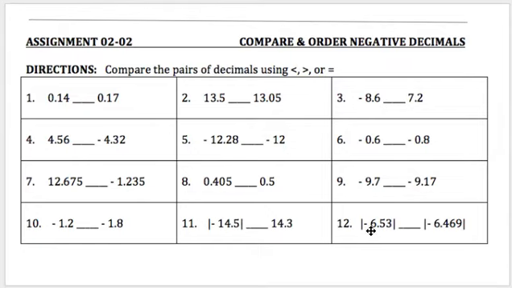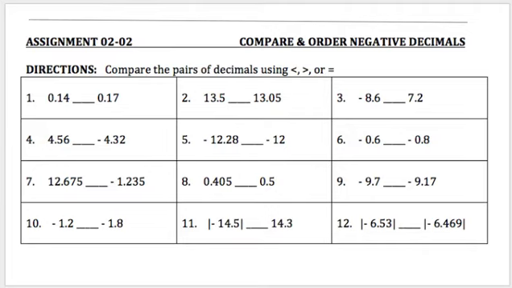Number 12, the absolute value of negative 6.53 is positive 6.53. The absolute value of negative 6.469 is positive 6.469. So then if we compare $6.53 to $6.47, if we round that, $6.53 is greater. So I open up the inequality to that number.